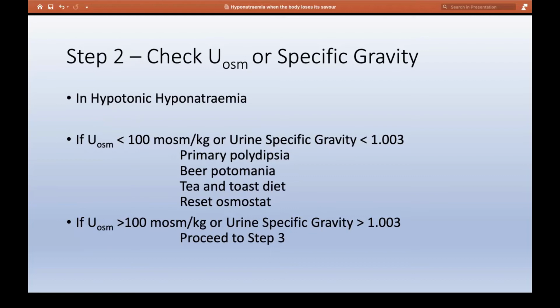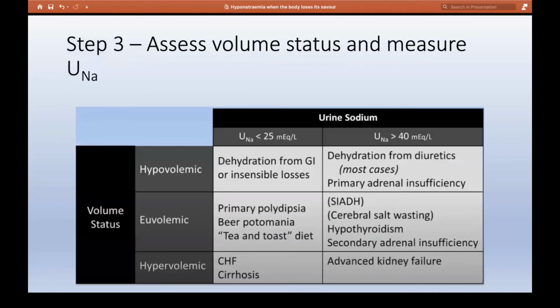But most of the time, what you would see is that the urine osmolality is more than 100 milliosmoles per kilogram. Thereafter, you have to assess the volume status, whether it's hypovolemic, euvolemic, or hypervolemic, and also look at the urine sodium, whether the sodium is low or greater than 40. Depending on this, what we have discussed, I won't go into details again.